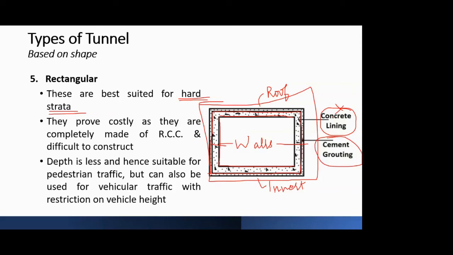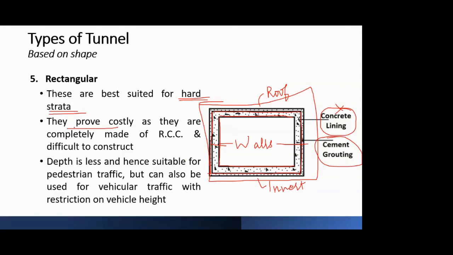Whereas if you have a soft soil or a medium type of soil, which is not hard, a crumbly type of rock, there you should go for either horseshoe shape or circular shape, because the curved portion will provide a bit of stability. Then obviously you have to provide a lining so that it doesn't fall. But in that case, the lining will be less compared to the lining required for vertical sections.